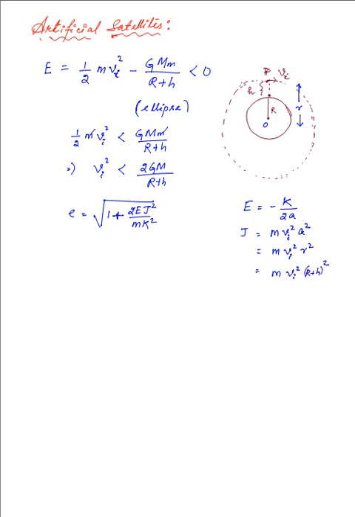Now, with these values, what we have is that if the eccentricity is 0, then we have the orbit to be a circular orbit. So for a circular orbit, we have the value of the eccentricity equal to 0, and therefore we can square the term.